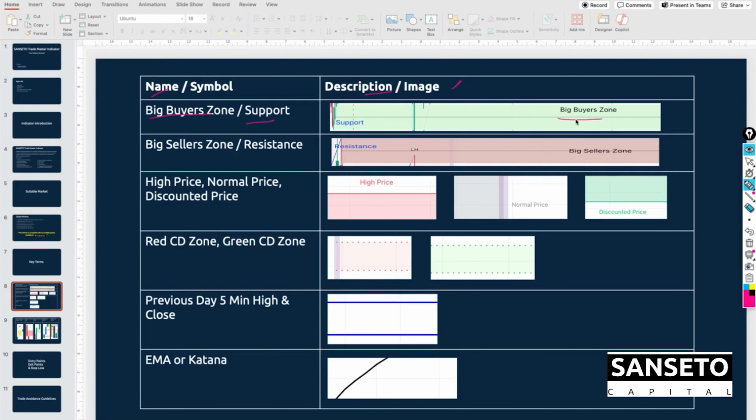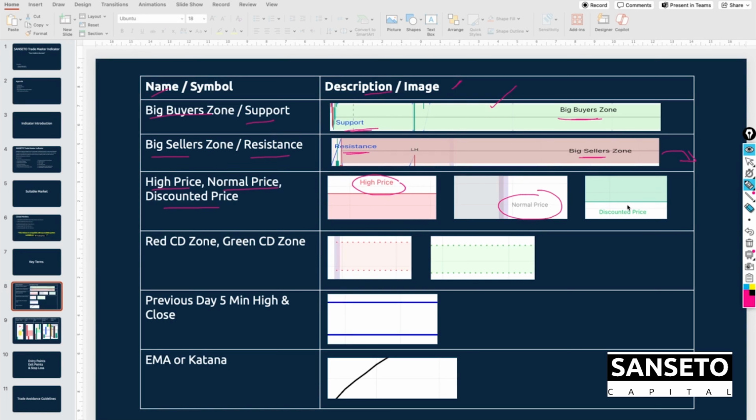If you see the big buyer zone and support, this is a strong support. Similarly, the big seller zone and resistance, this is a strong resistance. Next, we have high price, normal price, and discounted price. This is how each has been tagged.